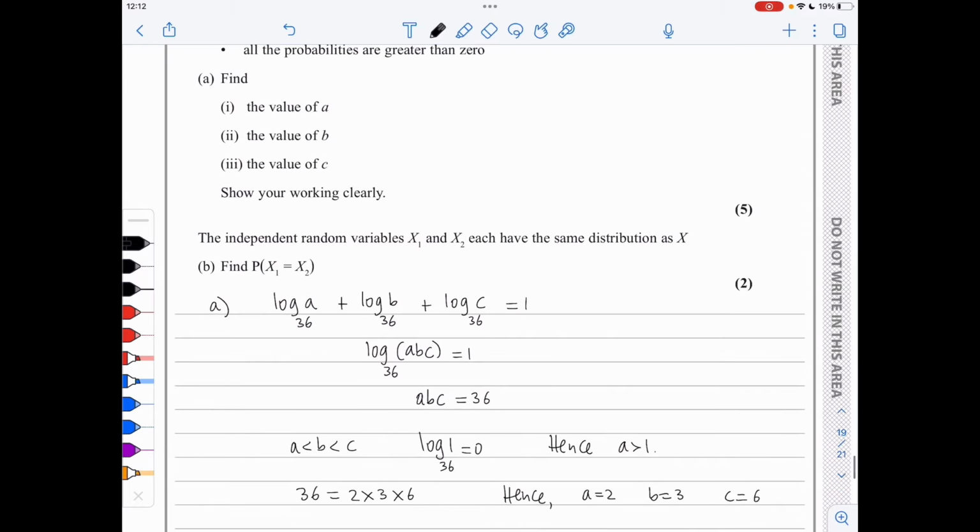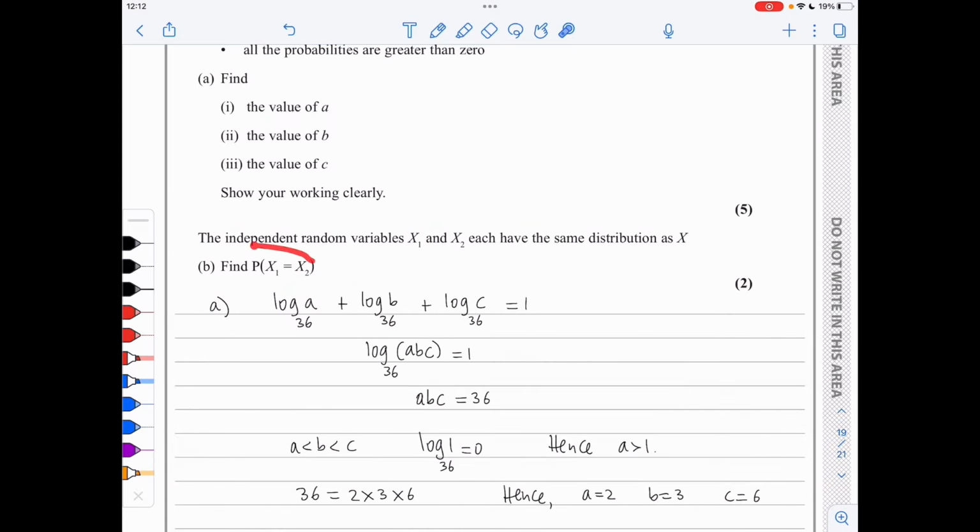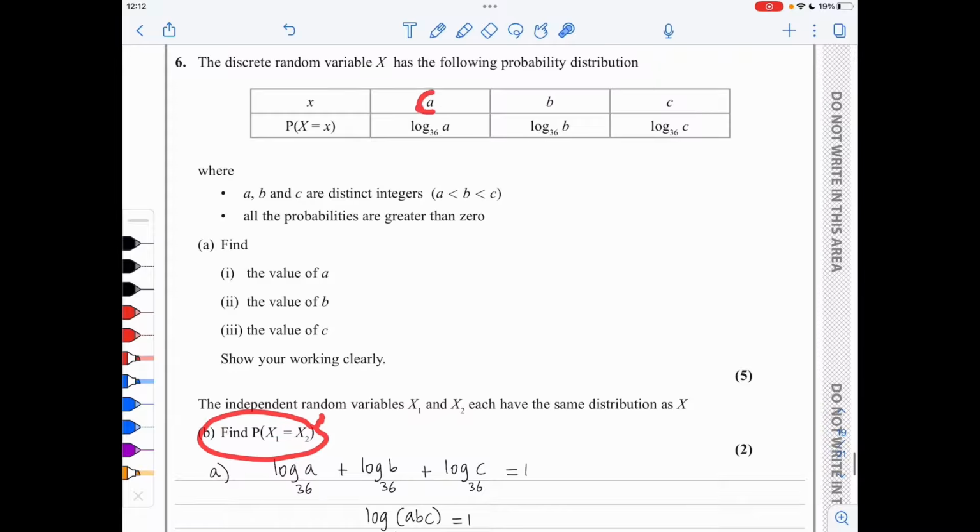And then part B, we've got the independent random variables x1 and x2 having the same distribution as x, and we need to find the probability of x1 being equal to x2. In other words, think of this as conducting an experiment. There are 3 possible outcomes, a, b, and c, which we have found, by the way, to be 2, 3, and 6.